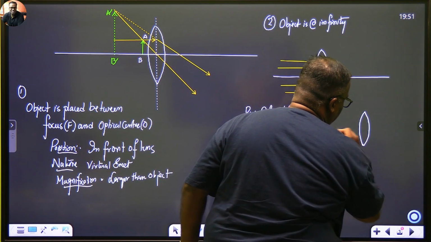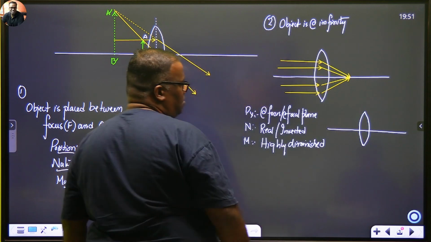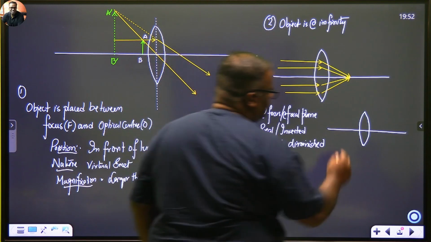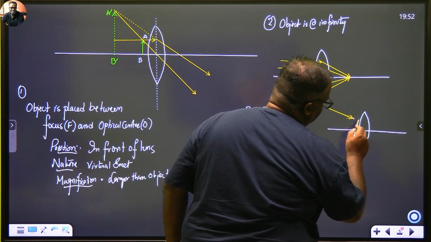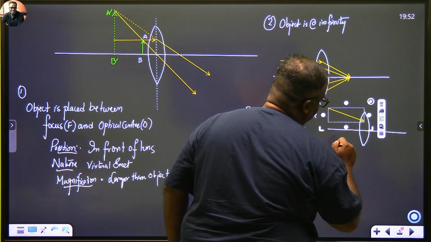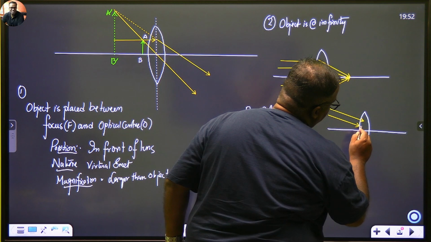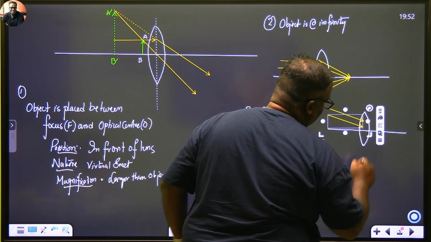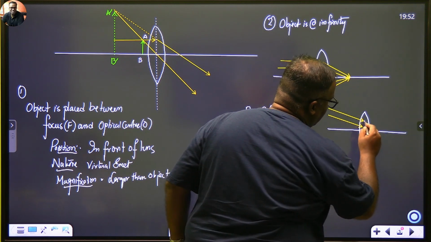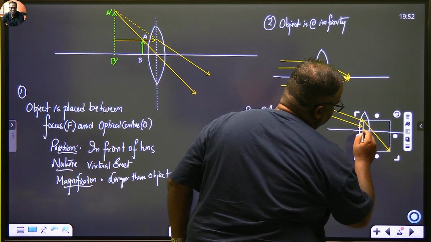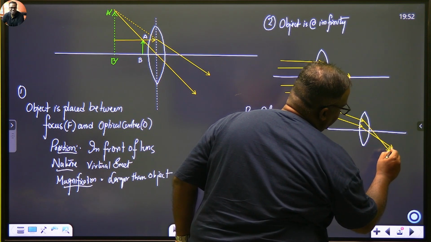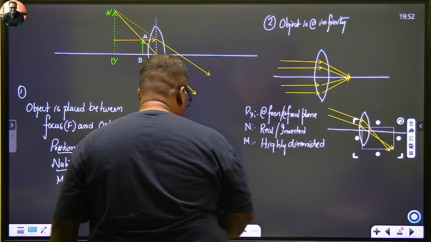So this is my lens. Clear? And now I take my rays in such a manner that the rays are coming parallel, but these rays are not parallel to the principal axis. These rays will still converge, and they will converge at a point on the focal plane. What do I understand by focal plane?